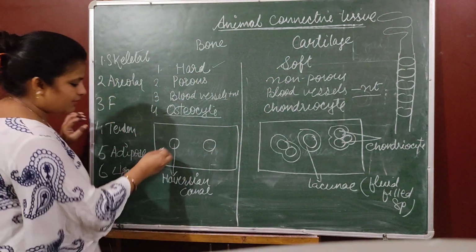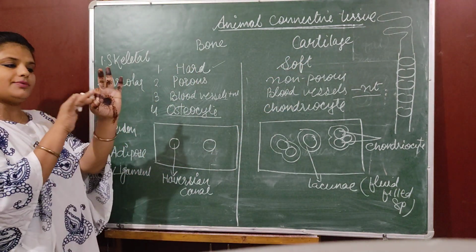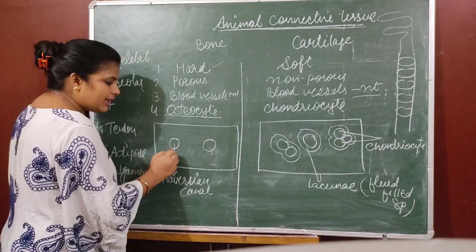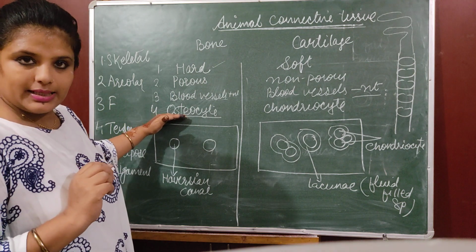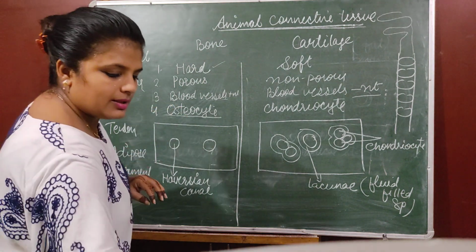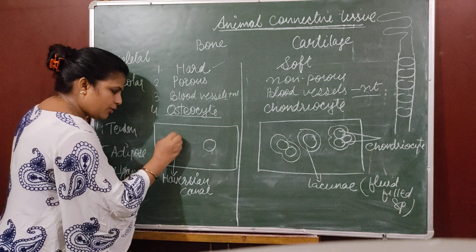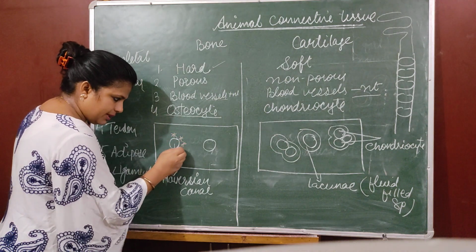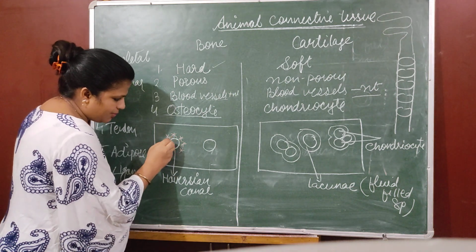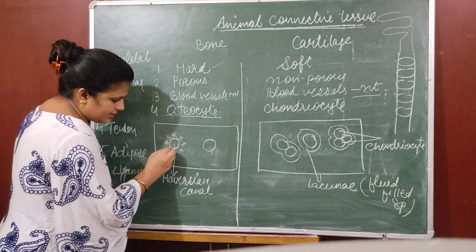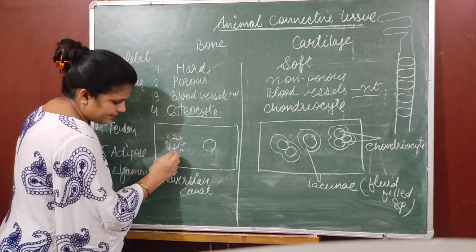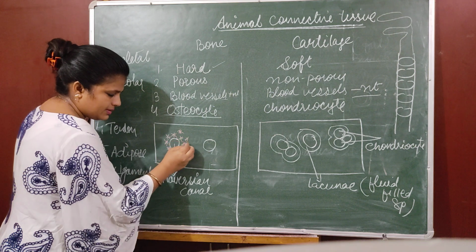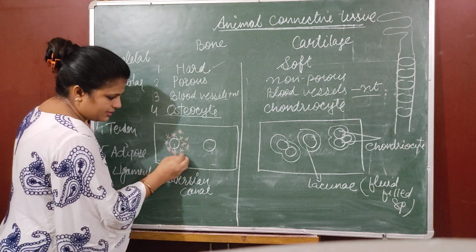Around them osteocytes are present in concentric circles. I hope you understand what a concentric circle is: a circle present inside a circle, and they are in the form of star-like structures. This is another layer of circle.